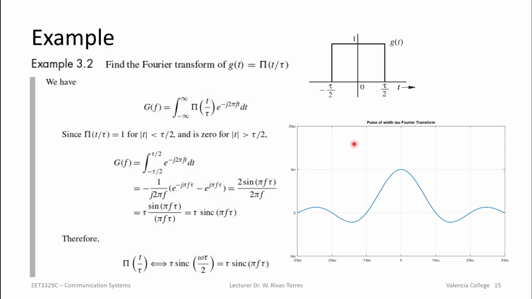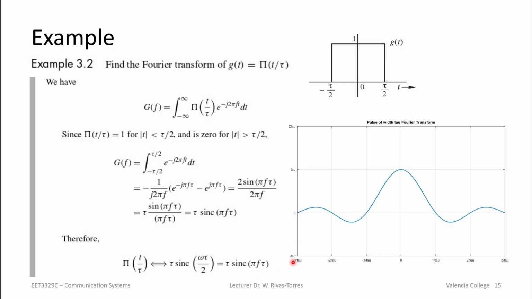Okay. And again, here is the same pulse, and the way we would do it in Octave would be, remember, you have to be careful to remember that it already has pi in it.